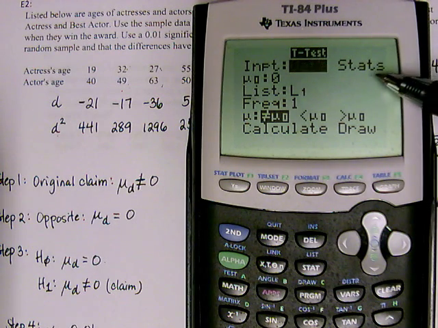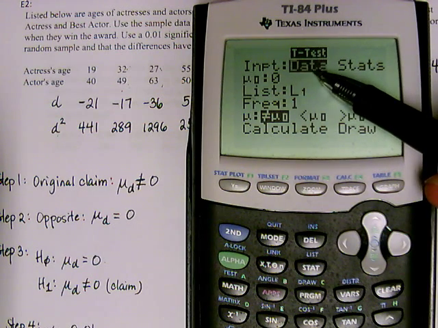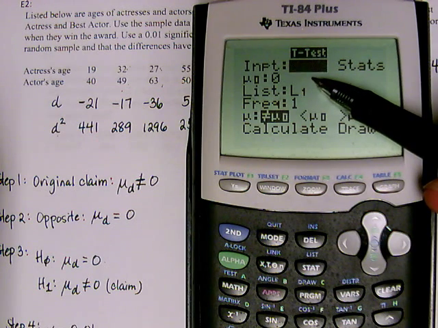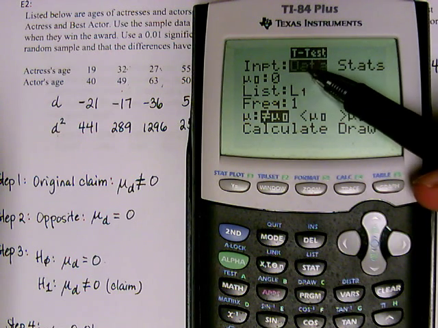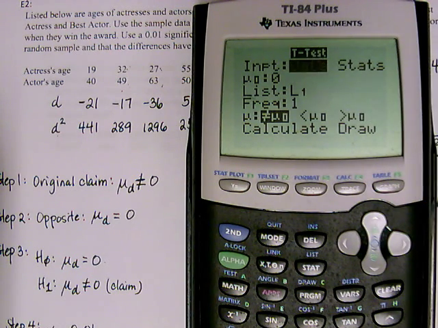Now, if your stats is highlighted, what you want to do here is highlight data, because you have data values. You don't have the sample statistics. You have data values. So what you want is to put the blinking cursor on top of data and then press enter to highlight data.